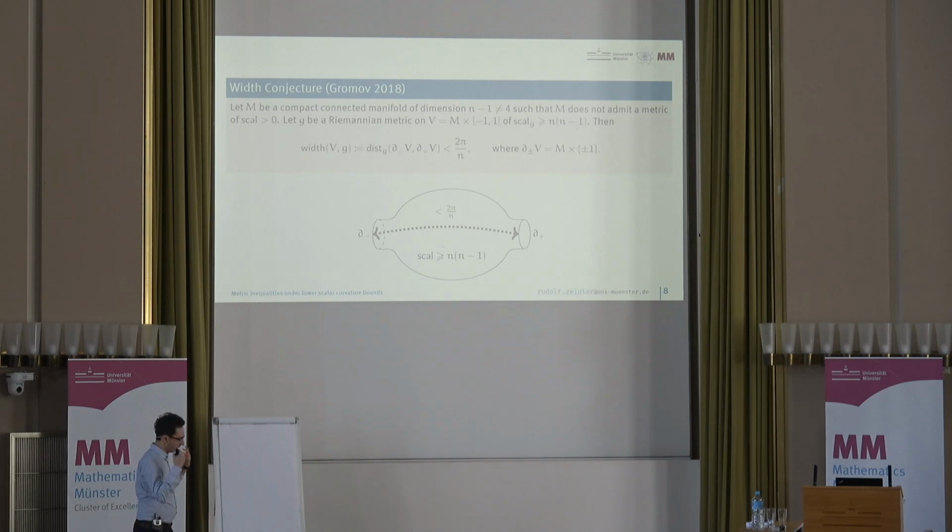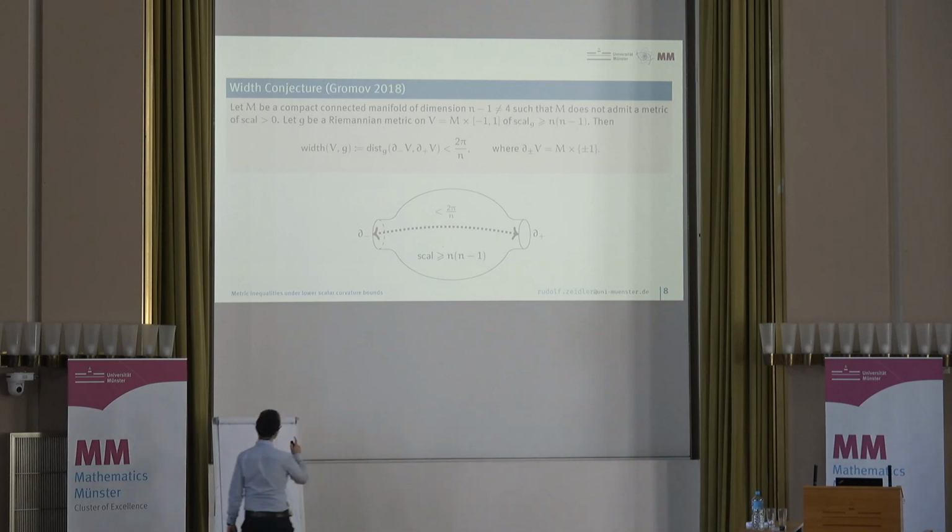And essentially what Gromov predicts is that this warped product construction that I've shown you on the previous slide is the best that you can do in this situation. So more precisely, you look at a compact manifold which does not support a metric of positive scalar curvature, for instance the torus, and you look at a Riemannian metric on this manifold times an interval. So you look at the cylinder over that manifold, a completely arbitrary Riemannian metric on that one, except that you want to have a lower scalar curvature bound of n times n minus 1.